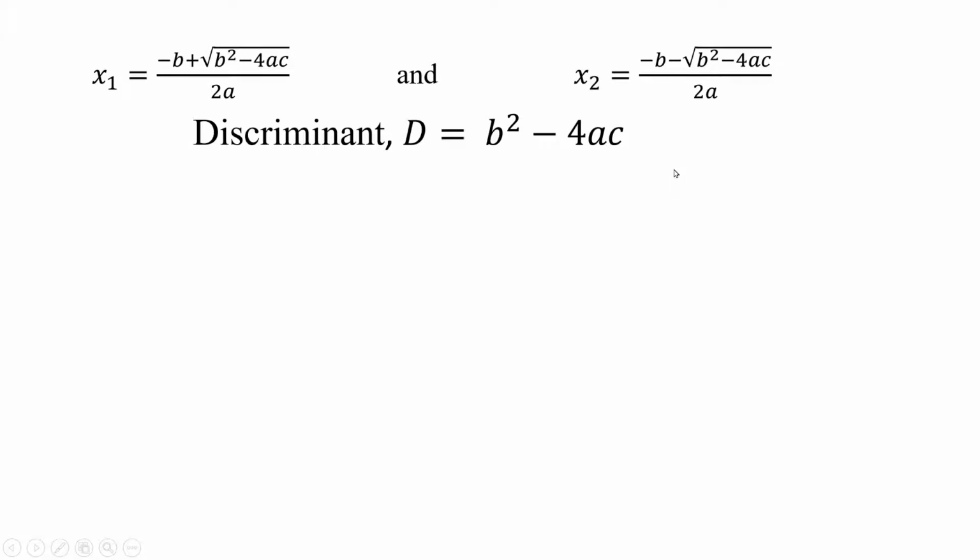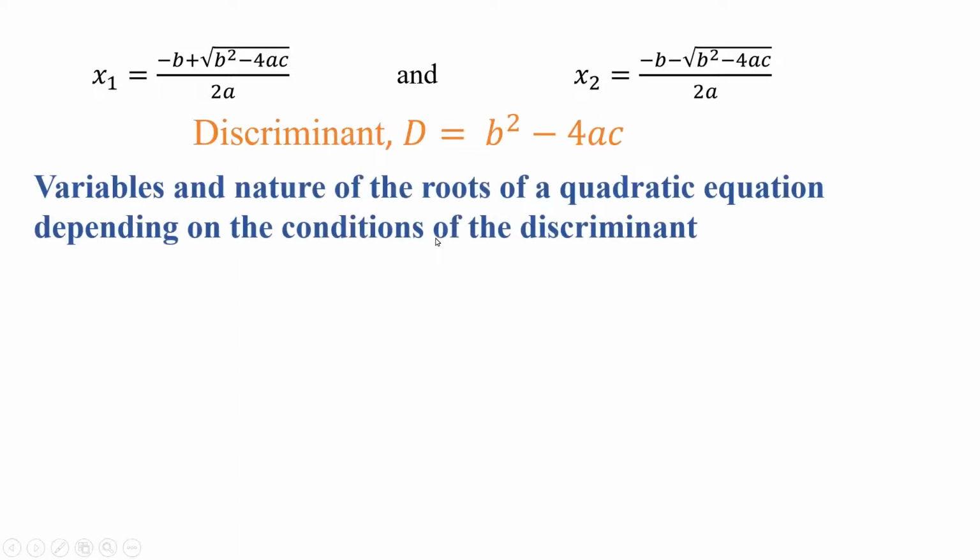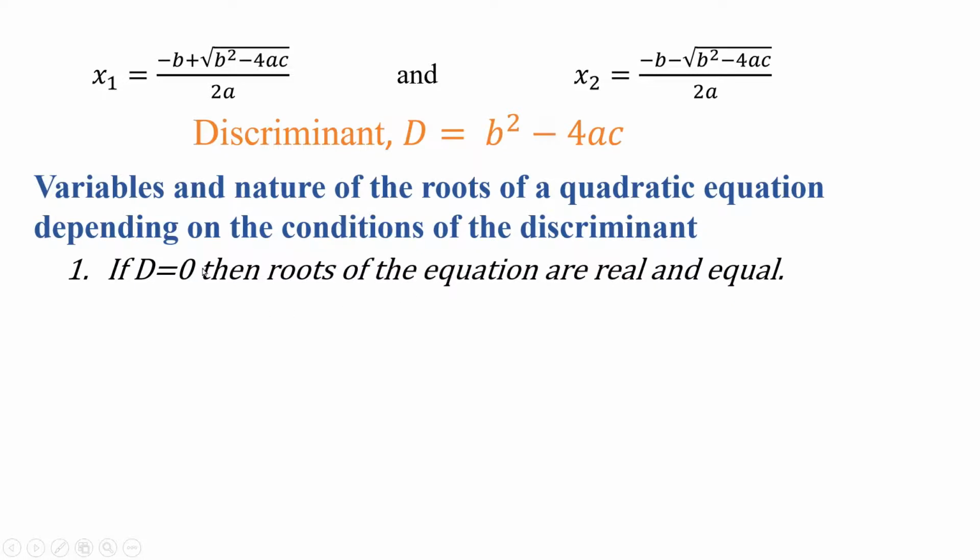We get two roots x1 and x2, and the discriminant of the equation is b square minus 4ac. The nature of the roots of a quadratic equation depends on the condition of the discriminant. First condition, if D is equal to 0, that means if the discriminant is equal to 0, then the roots of the equation are real and equal.